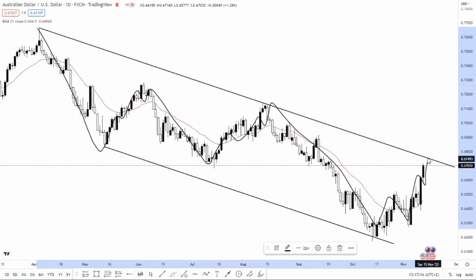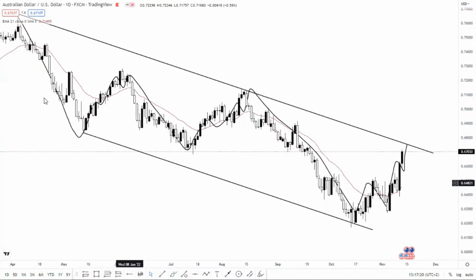So looking at the previous structure, there is impulse, correction, impulse, correction, impulse, then correction. When looking at the previous structure, you can see that we are waiting for an impulse again.